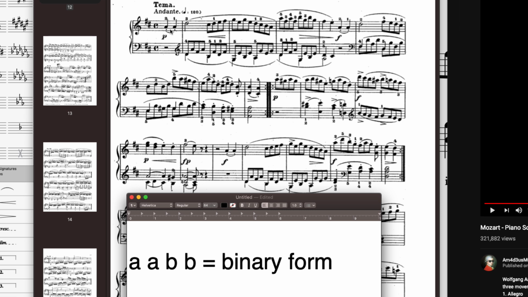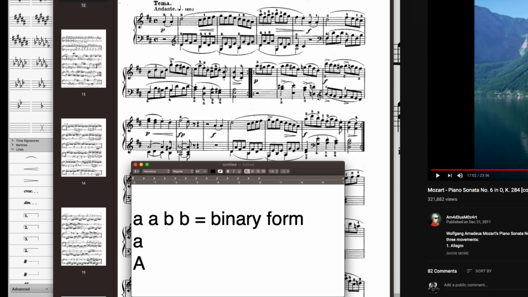So could we say this is A just up to here, and then this is A again? Well, not quite, because this is different, right? This second 4 bars is different than the first 4 bars, but very much related, right? Very similar. So what we might say is it's A prime, right?